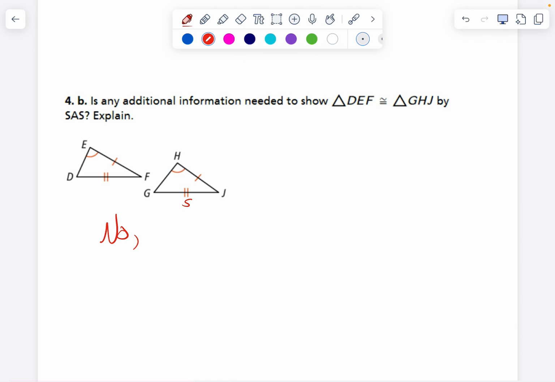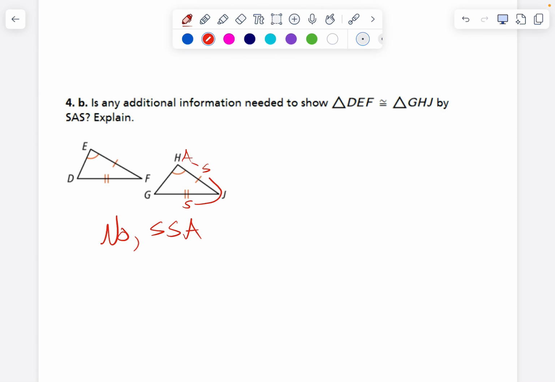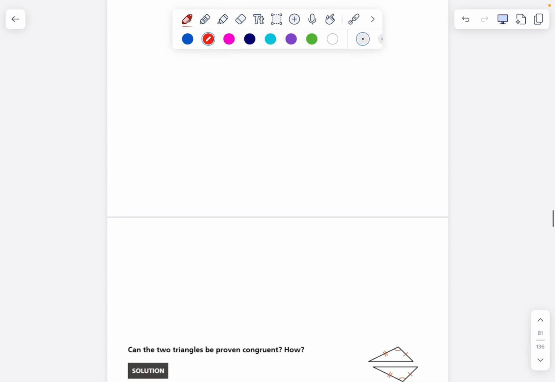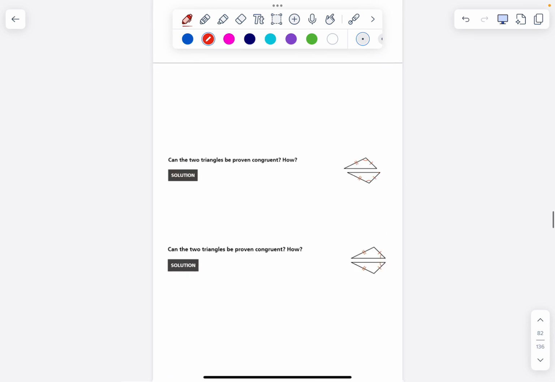So if we pick here to start and we go around, look what we have. We have SSA or ASS. But either way, it's one that doesn't work. So even though we had lots of good markings, it wasn't in the right order. Order matters.